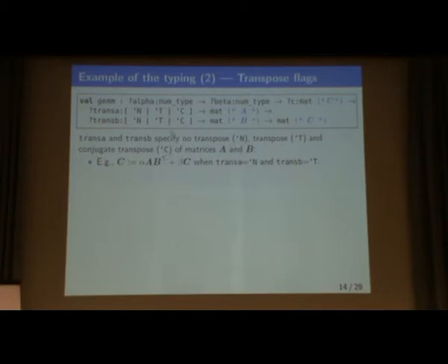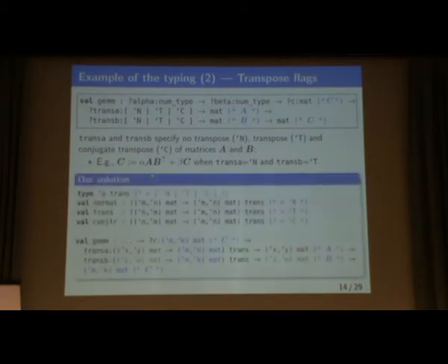We express this change of size information by these parameters, which, for example, this normal takes a matrix of this type and returns the same type of matrix. But this trans takes an N by M matrix and returns an M by N matrix, representing the transformation.